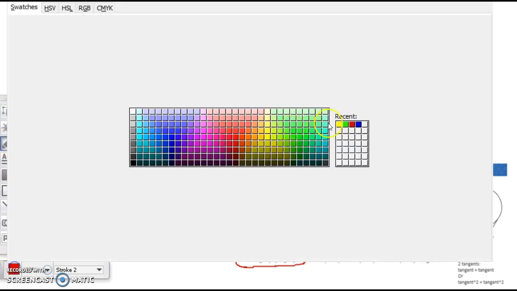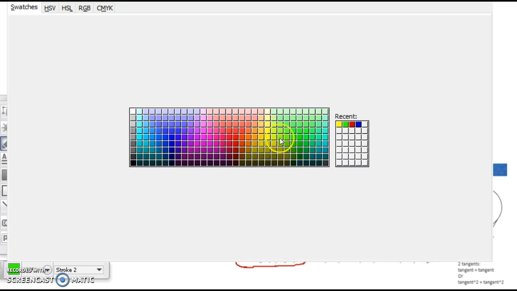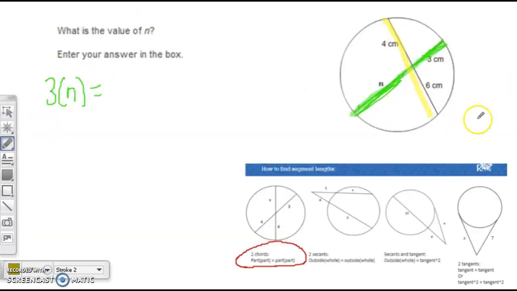I'm going to start off by doing part times part of the green chord. So 3 times N. Those are my 2 pieces. I have this piece 3, and I have that piece N. And I'm going to set that equal to the part times part on the yellow chord. So I'm going to set it equal to 4 times 6.